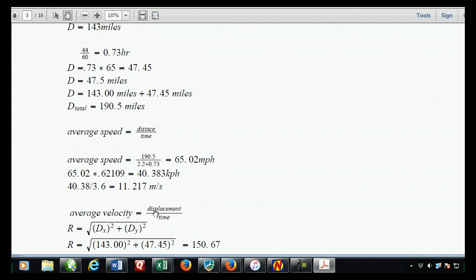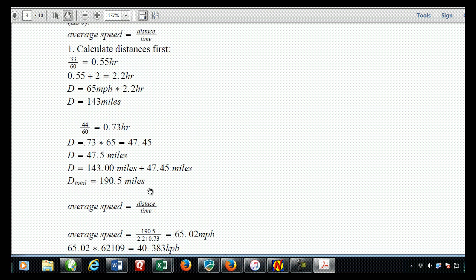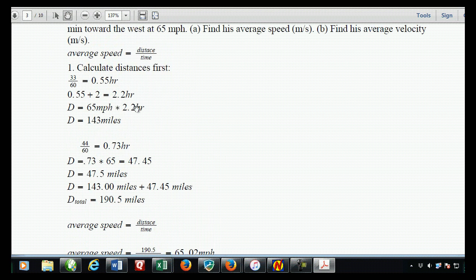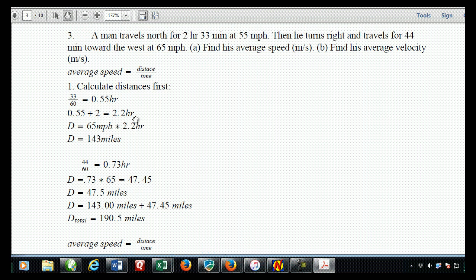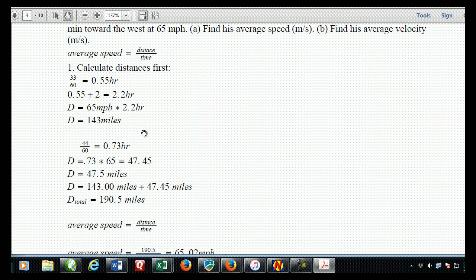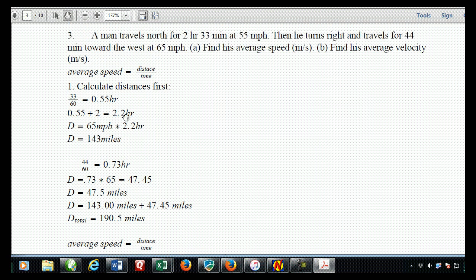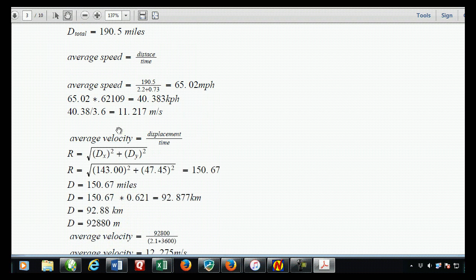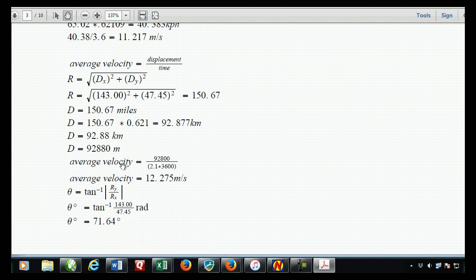That 2.1 hours really should be 2.2 hours for that total, 2.75 hours for that total time. Okay, so if I wanted to fix this to be proper, I would multiply this by 2.75 to get the exact answer. Let's see what that would be on the handy dandy calculator.